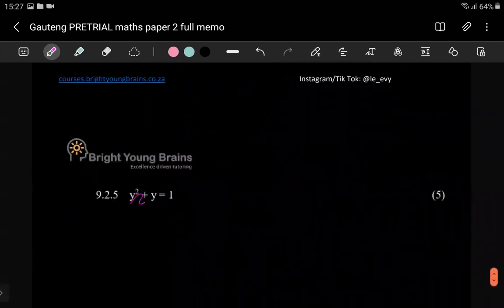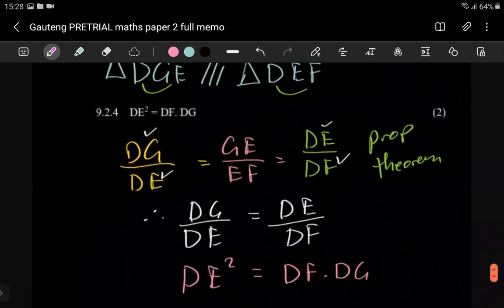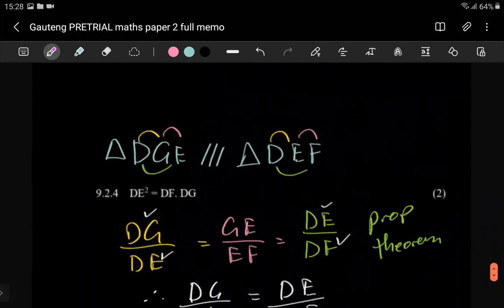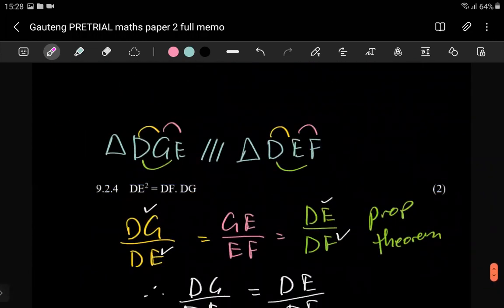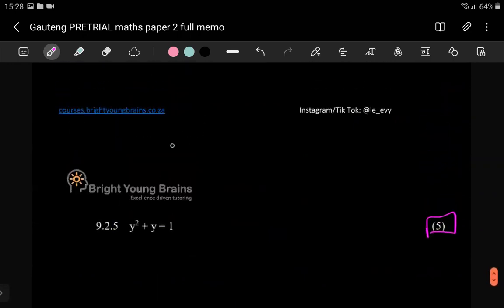They want us to prove that y squared plus y is equal to 1 for 5 marks. Wow. This question doesn't look like it's playing games. The only thing that we have that has y in it is the fact that DE over DF is equal to y.